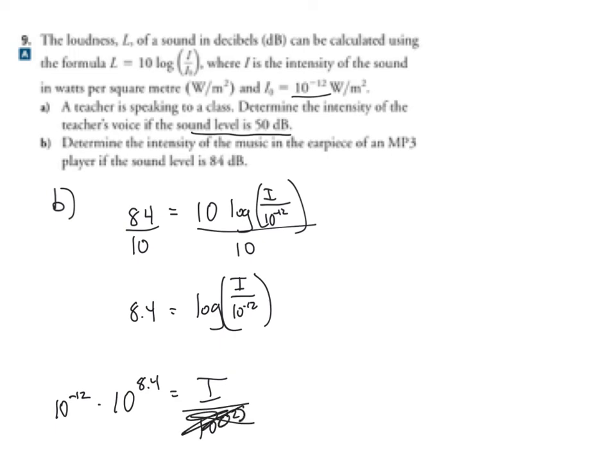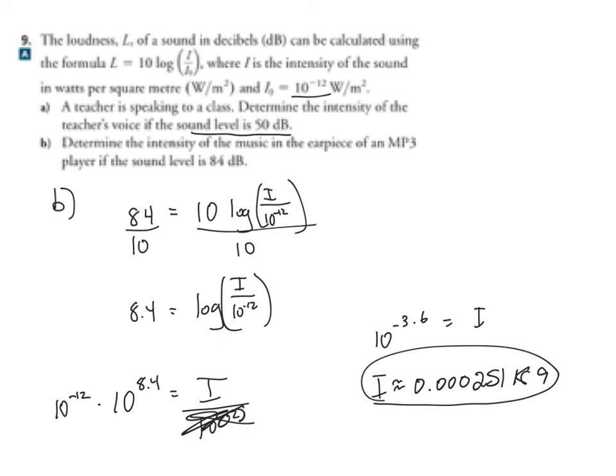And we can say that 10 to the negative 3.6 equals I. And I got I equals approximately 0.000251189.